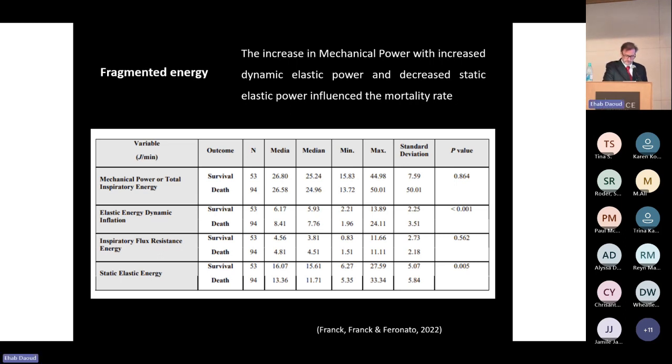Elevated mechanical power, regardless of the combination of components, can cause similar damage. However, the proportion of components that determine the same mechanical power can indicate the severity of ARDS, with the possibility of reflecting the temporal consequence of the conjunction of ARDS and VILI.